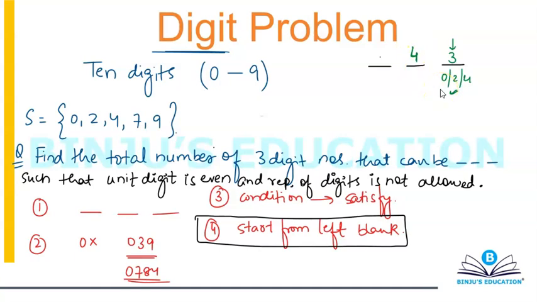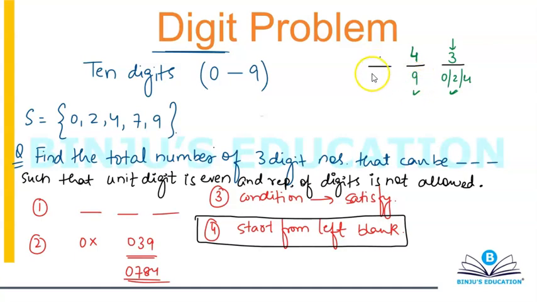Now I'll come to the hundreds place. Now I have already used 2 numbers, which means I'll be left with 3 digits. Now here comes a problem. The problem is, let's suppose you use 2 at the last spot and you use 9 at the middle spot.